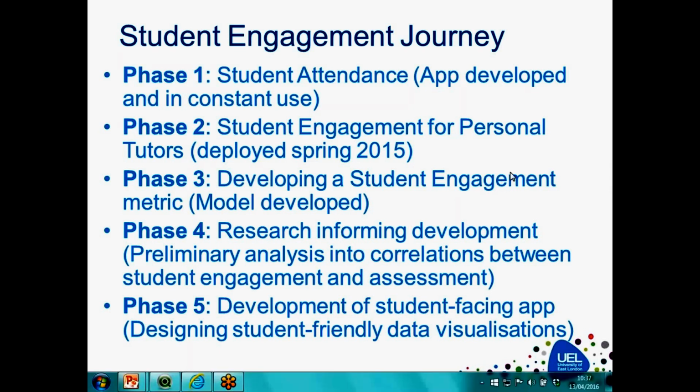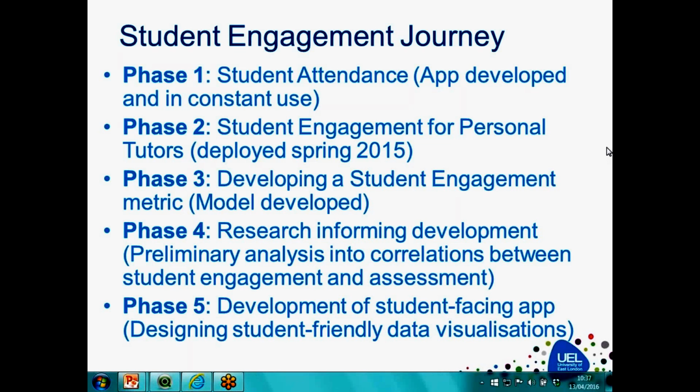And then that model evolved, because one of the things we realised quite quickly was that there's a lot more work to be done within this area. So we developed a student engagement model specifically aimed at personal tutors. That evolved into developing, based on a similar data set, a single student engagement metric. So that's basically a single engagement figure.